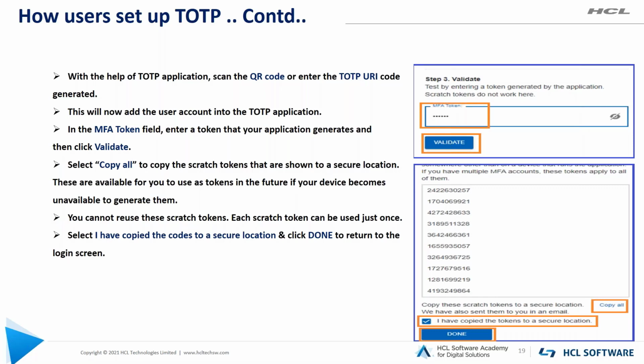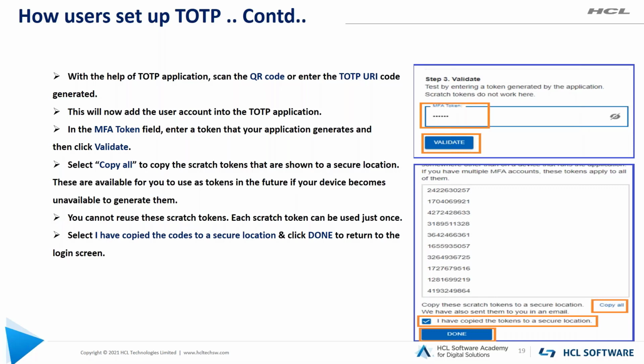Now enter the token that is generated from the TOTP application and click on the Validate button to validate the token. Once the token is validated, you can see a window like the one mentioned here, in the second screenshot. Click on Copy All and save the scratch tokens to a secure location.